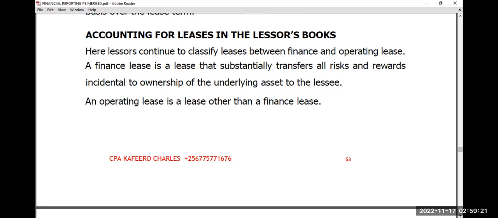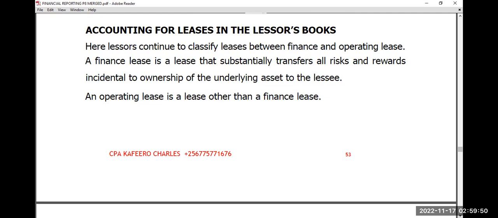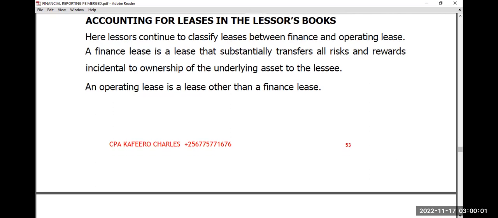We've seen that the person is going to give up the ownership of the asset, so the person is also going to derecognize the asset, because the asset no longer belongs to that person and it will belong to the other one. If it is an operating lease, the person is going to continue recording the asset in his or her books, because the person still has the ownership, unlike the finance lease.